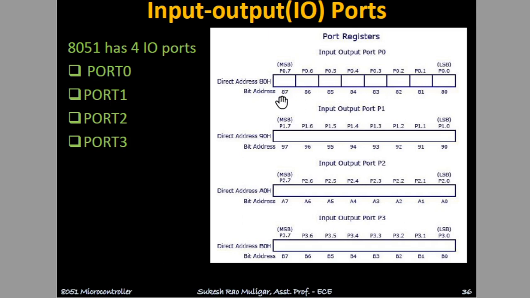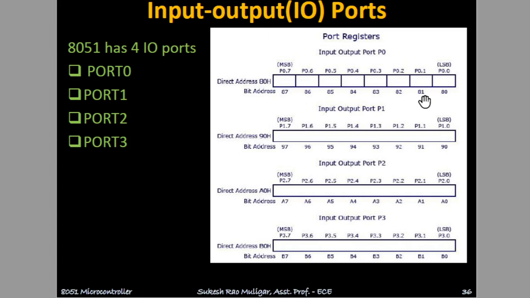What I mean to say is there is direct addressing for the entire port 0, which is a byte address. As well, there is a bit address which starts from 80H. So if you want to toggle a particular bit of port 0, say port 0.1, that means the second bit of port 0, then your instruction is supposed to address 81H.